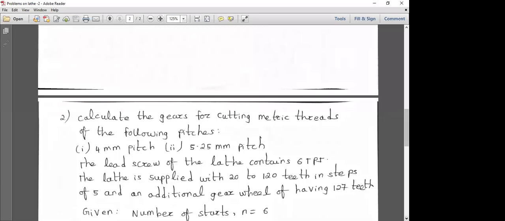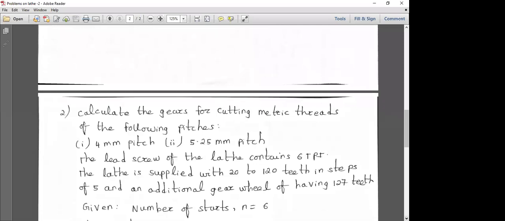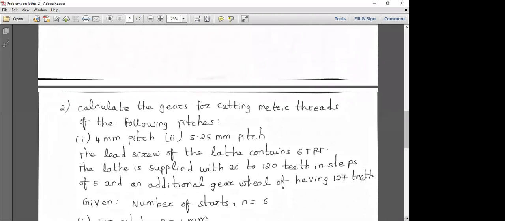He is asking us to calculate the set of gears you have to use for the driver and driven, for a pitch of 4 mm and for a pitch of 5.25 mm. First we will go for the first case. What is the number of starts he has given?